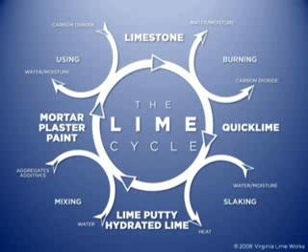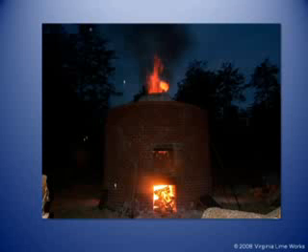This reabsorption of carbon dioxide is what makes lime a far greener building material to work with than cement. Cement, of course, there's a tremendous amount of energy that goes into the production of cement, but also during the lime burning process in cement production, you don't get hardly any carbon dioxide reabsorption. So you have a lot of CO2 output in cement production versus the production of lime.